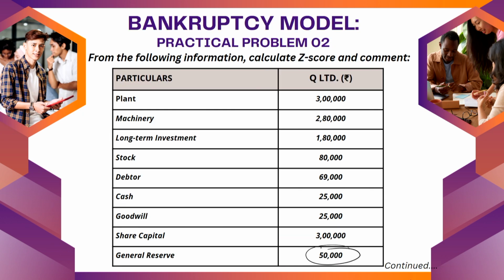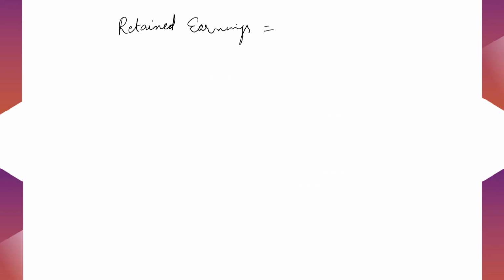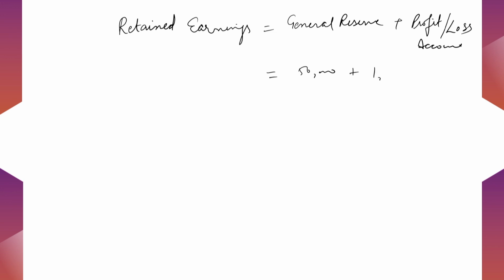So I am taking these two items for the computation of retained earnings, which will be the total of general reserve plus profit and loss account. General reserve is 50,000, profit and loss is 1,32,000. So our retained earnings would be 1,82,000. Next we need EBIT, earnings before interest and taxes.